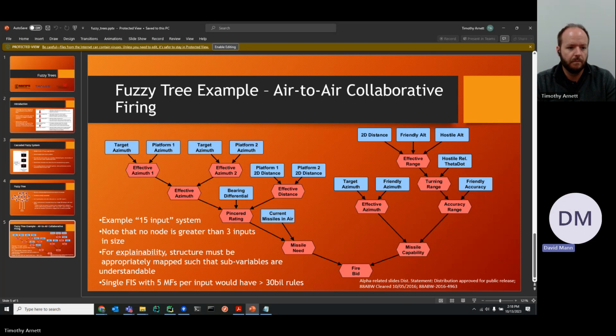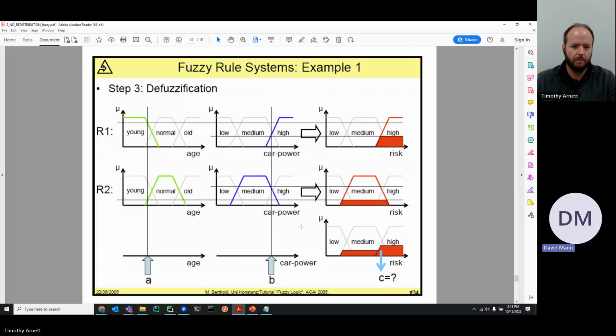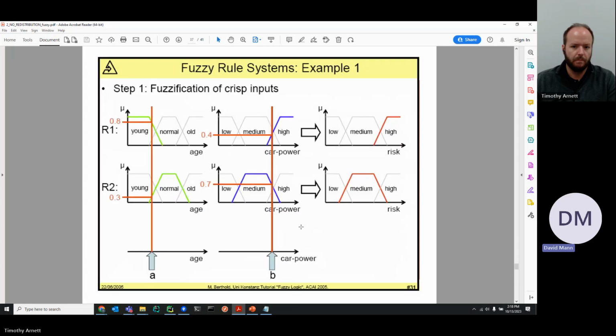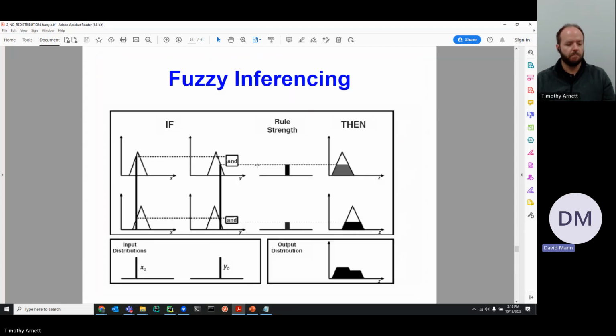Most of the ones you showed were taking the minimum of the memberships, and I suppose for OR it'd be taking the maximum. Would there be any situations where it'd be something other than the minimum or maximum?